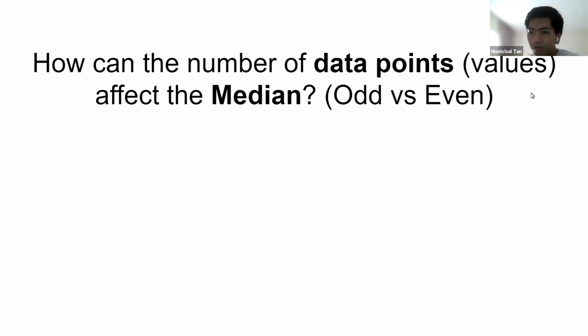Yeah, let's say I have 3 numbers, 1, 2, 3, right? Is that an odd number or even number? It's the odd number. Yeah, so the median would therefore be what number from 1 to 3? Exactly, 2. Yes, but what if you had an even number like 1, 2, 3, 4?